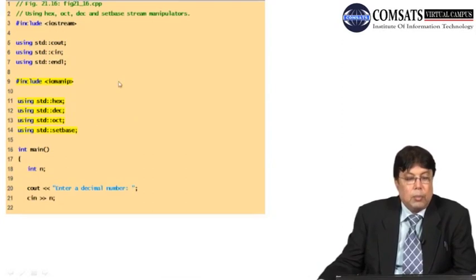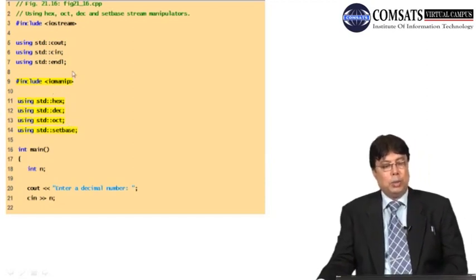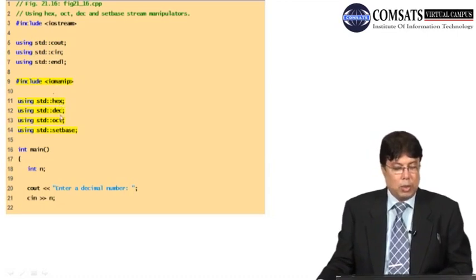I will show you this when we do some hands-on examples; maybe I'm planning one for you. So you can use std hex, dec, oct, and setbase. These are all IO manipulators that you are going to use.